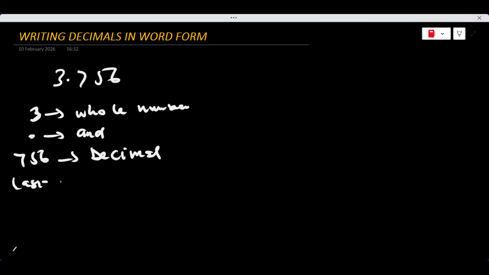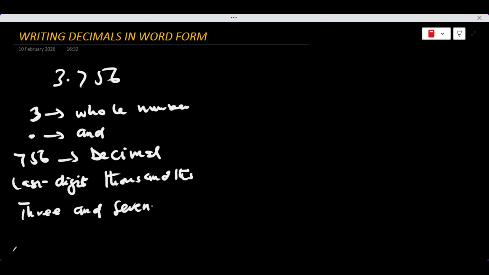What is the place value of the last digit? It's at the thousands position. So here you write it as 3 and 756 thousandths.